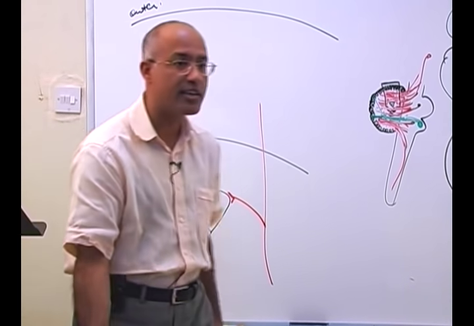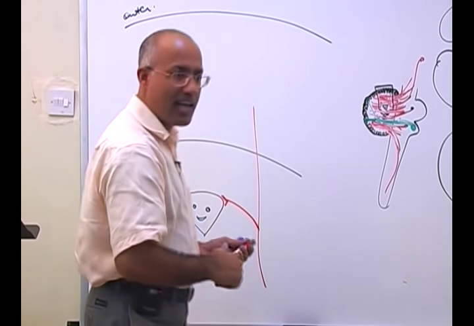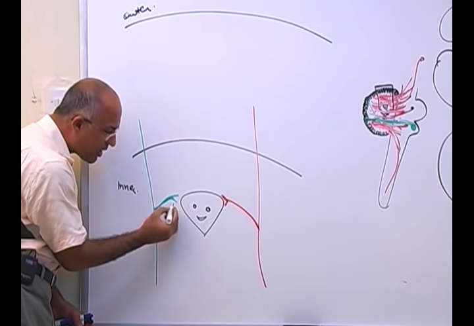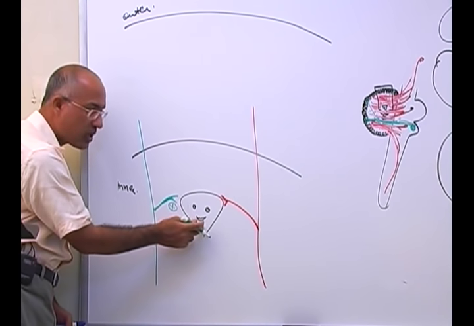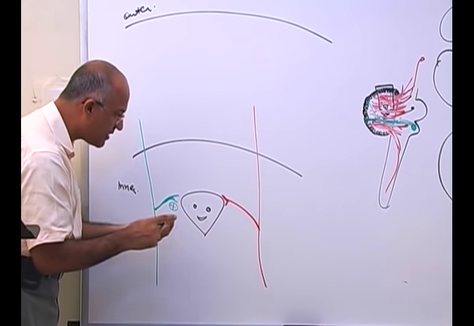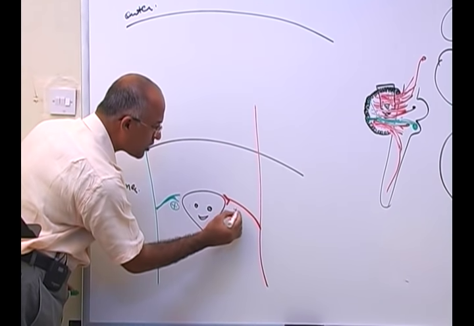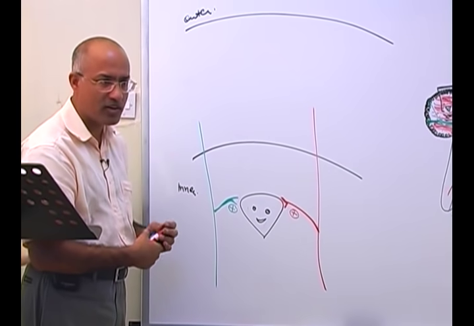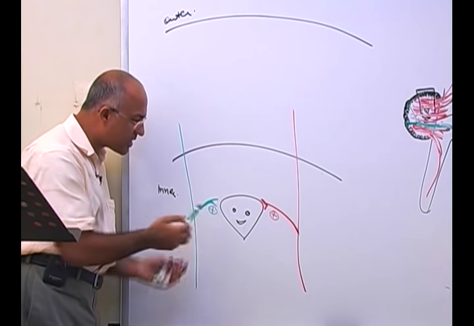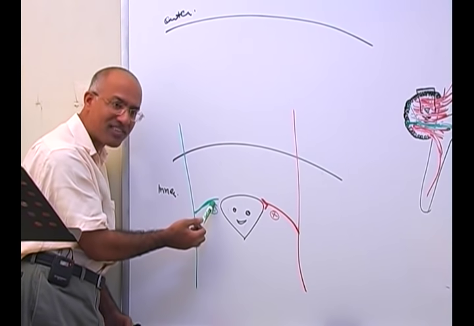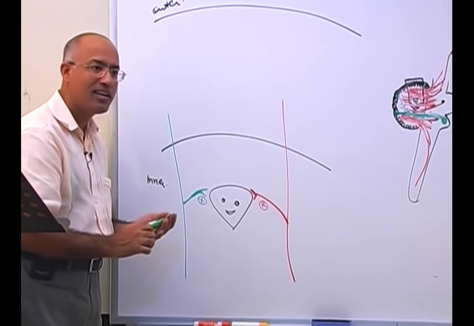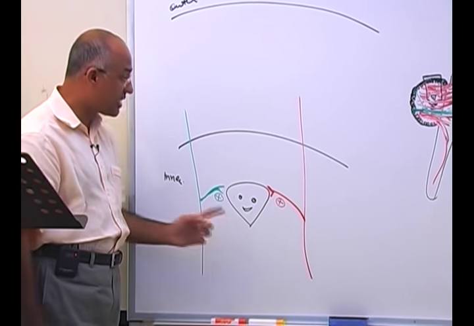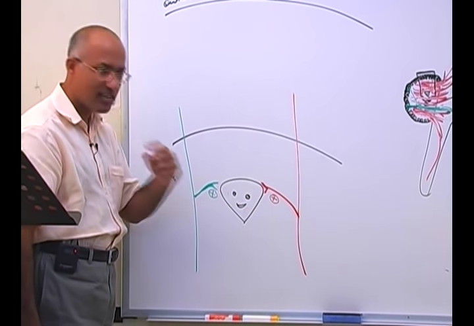These excitatory fibers will stimulate this deep nucleus, and this fiber will also stimulate this nucleus because both of them release an excitatory neurotransmitter. What is the neurotransmitter here? Aspartate. And here? Glutamate.